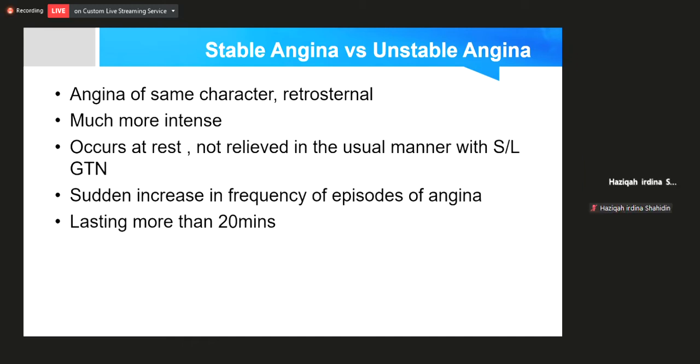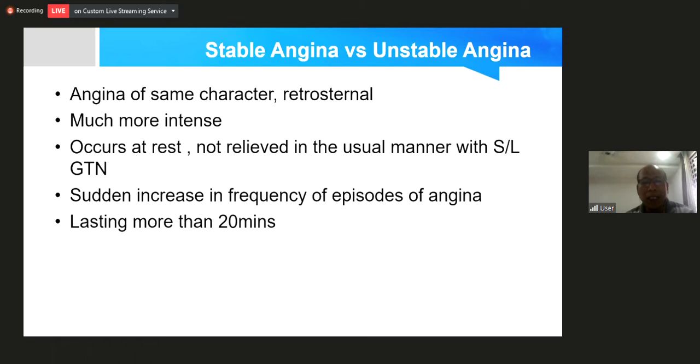Sudden increase in the frequency of angina is also unstable, and also if the duration of the chest pain is long, for example more than 20 minutes, most likely the patient has unstable angina. So when you have a patient with acute coronary syndrome, you have to decide whether this patient is a case of unstable angina, non-STEMI, or STEMI.